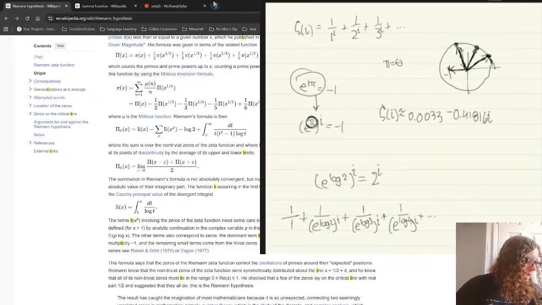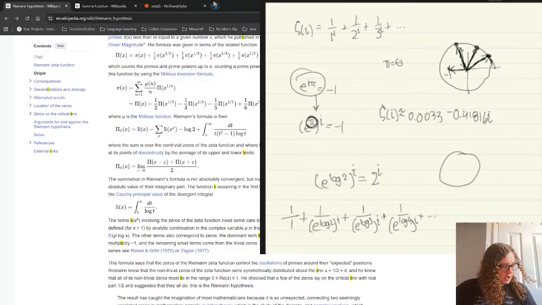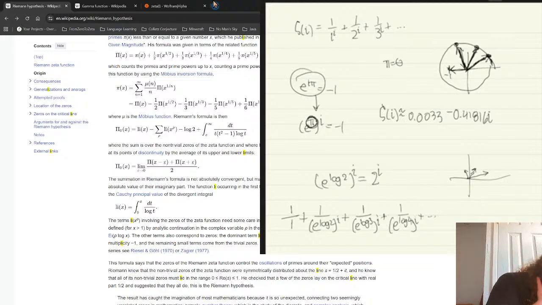So going back here, if we have real part 1/2, that means our arrows are getting smaller each time, right?